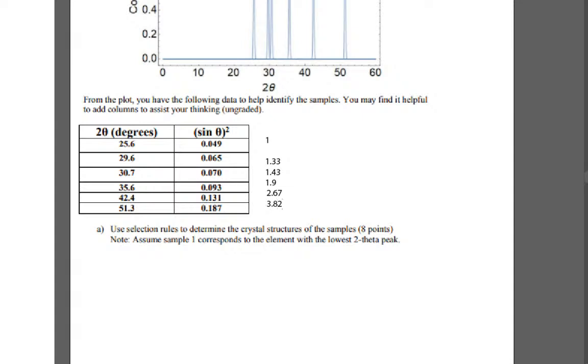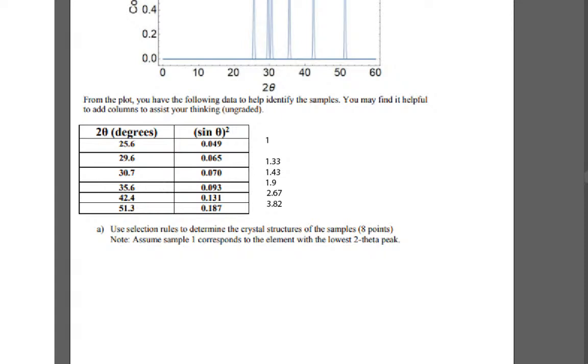Okay. Oh wait. I do actually see two things. What I see is that it's pretty clear, I should say.